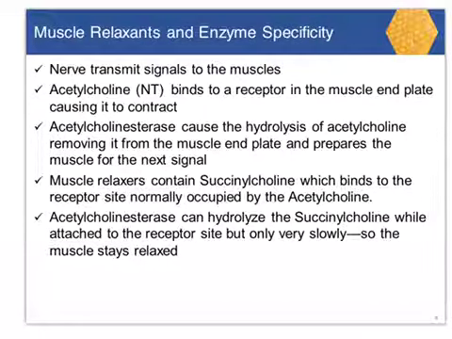This now opens up the spot for the succinylcholine found in the muscle relaxer to bind to that receptor site. So what happens is that the impulses that send the message to the brain to allow the muscle to contract are going to happen at a very, very reduced rate, because the succinylcholine is not affected in the same manner as the acetylcholine by the acetylcholinesterase.